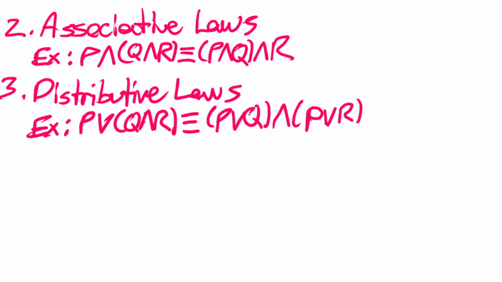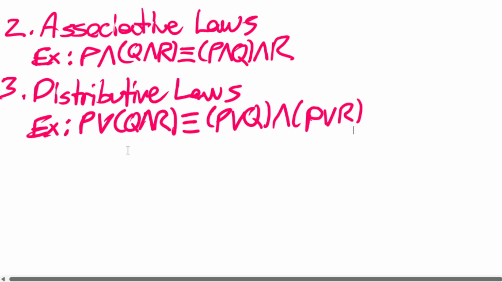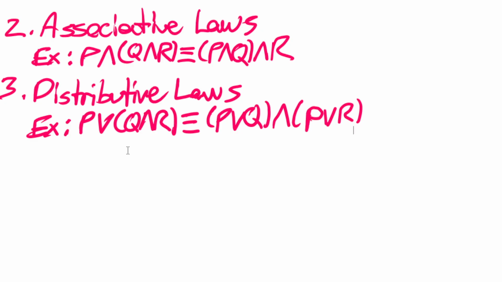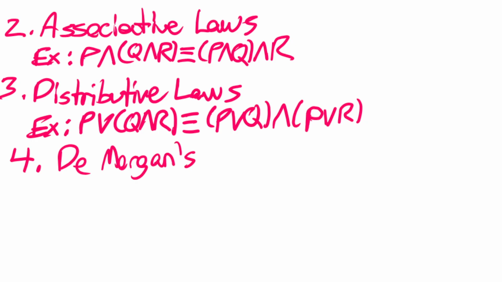So if we have P disjunction Q conjunction R, that is logically equivalent to P disjunction Q, the conjunction with P disjunction R. And basically what it's doing is distributing P disjunction into the statement Q conjunction R. And the fourth one is De Morgan's laws.